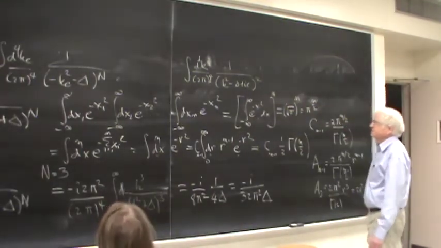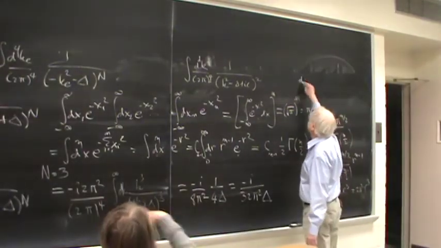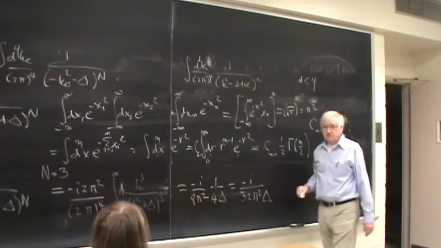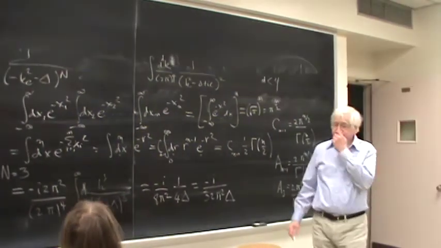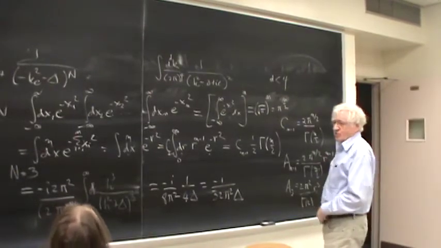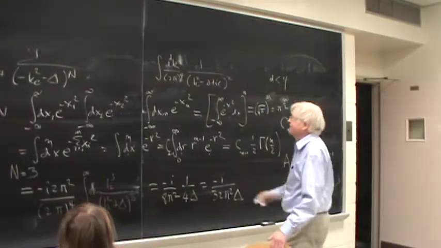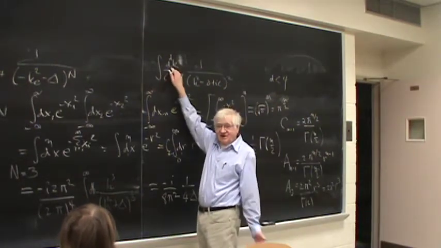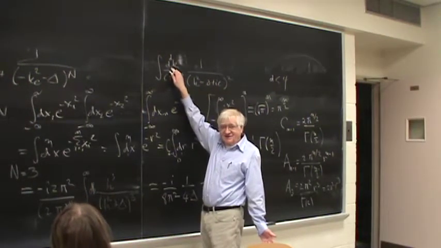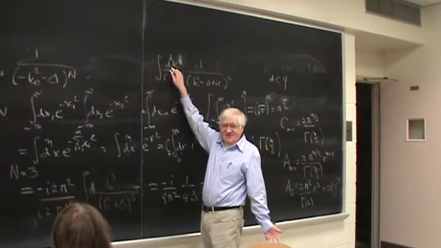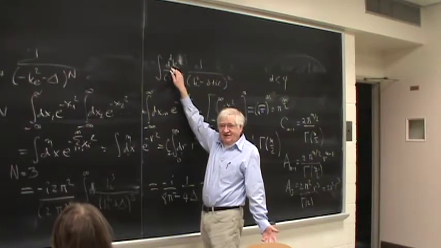Well, when does this converge? This will converge if p is less than 4. Because that means that we've actually given a meaning to the integral in 3.9 dimensions, let us say.